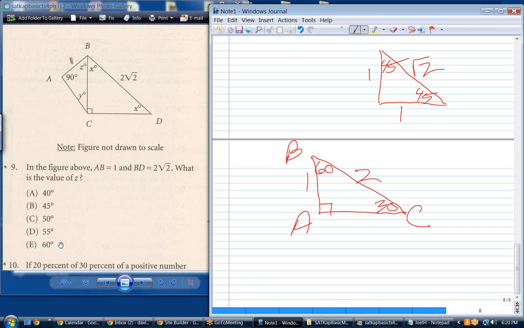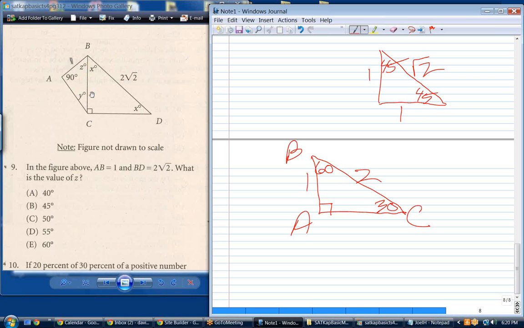Now, is there another way we could have figured that? Let me think for a moment. I don't think so. In other words, we know this is 45. That's 45. That's 90. So we could say, and we know that adds to 90, but without knowing one of these sides, I can't figure out these two angles. The moment I know one of these sides, I could use a trig function.